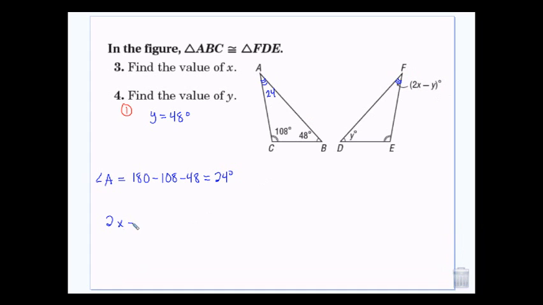So if 2x minus y equals 24, well, I don't know what x is, but I do know that y is 48.